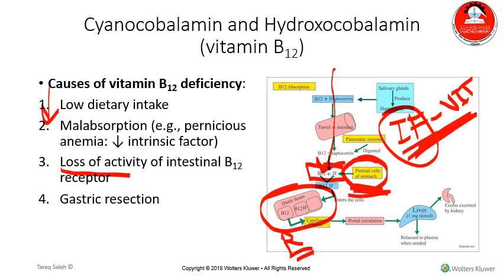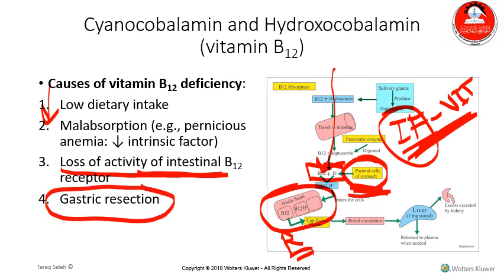Similarly, a genetic deficiency or low activity of the intestinal B12 receptor can also result in poor or lower absorption of vitamin B12. Lastly, since it's essential for vitamin B12 absorption that the intrinsic factor, which is released in the stomach, be available, patients who undergo gastric resection, whether for gastric cancer or for bariatric surgeries or stomach reduction surgeries that are usually used to treat obesity, will also be subject to vitamin B12 deficiency and anemia.